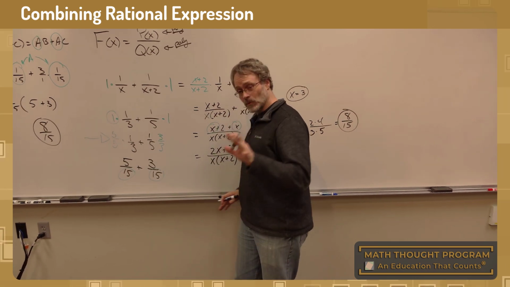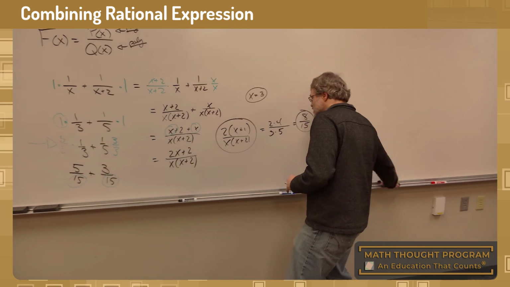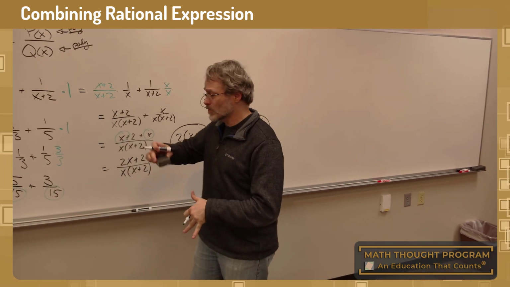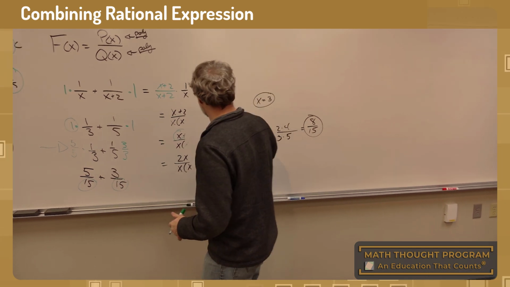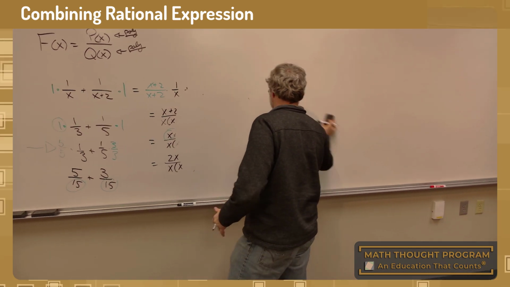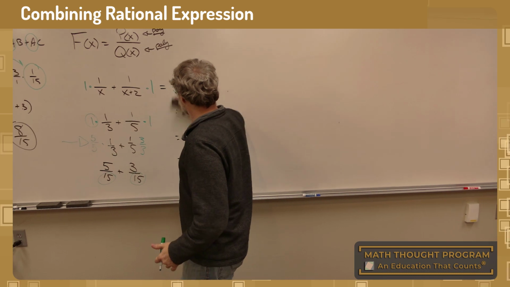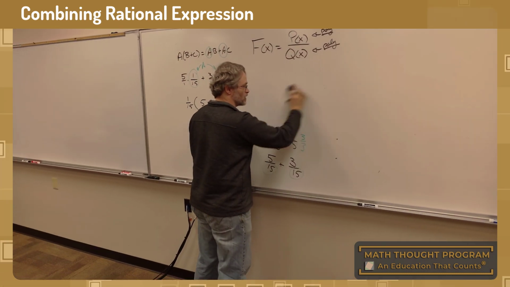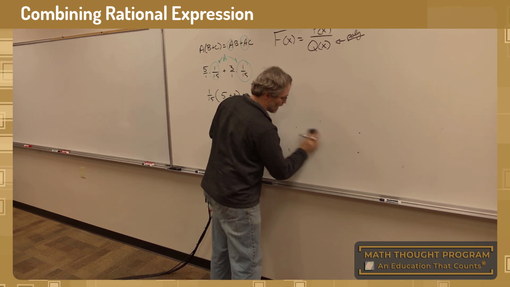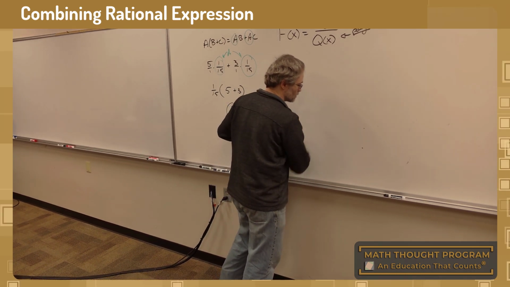Now, with that said, let's say for a moment I take this problem and slightly adjust it. I'm still looking at these rational expressions. I still want to add them and subtract them.